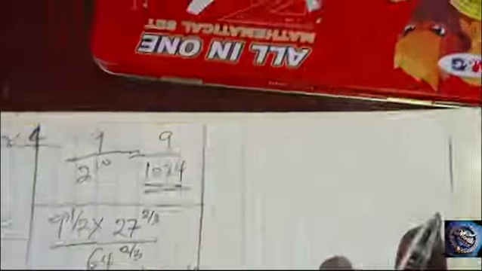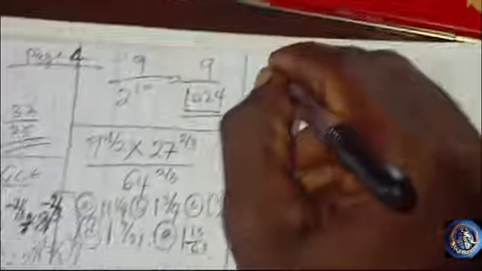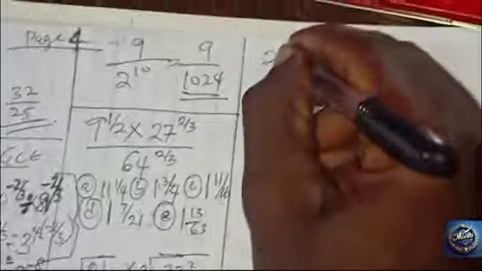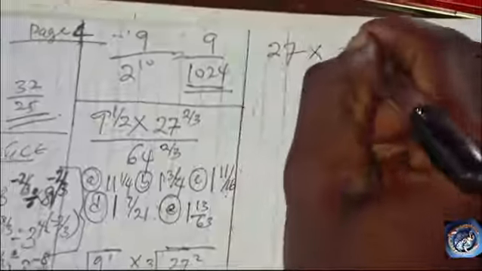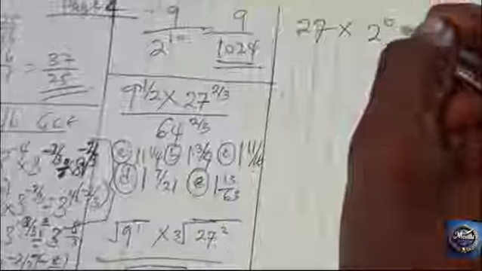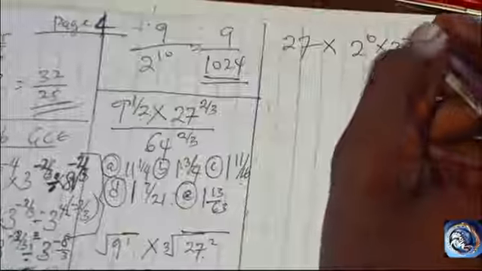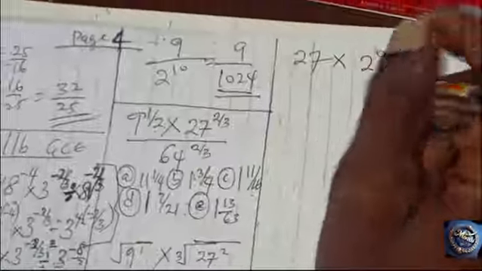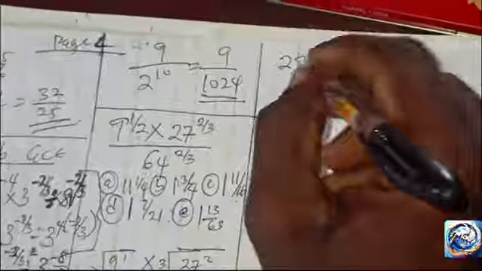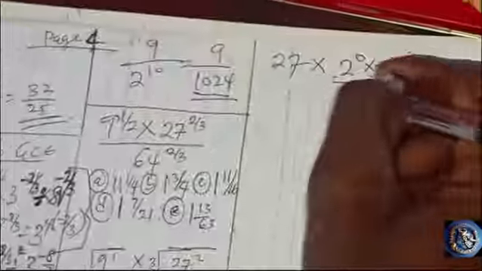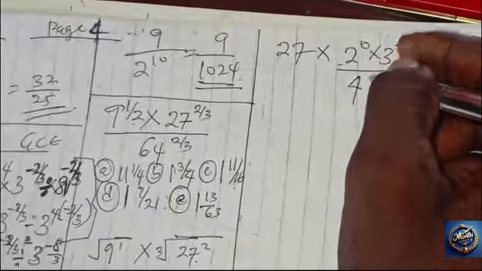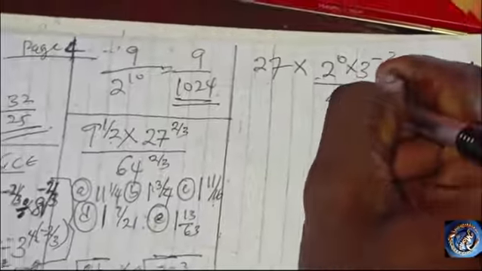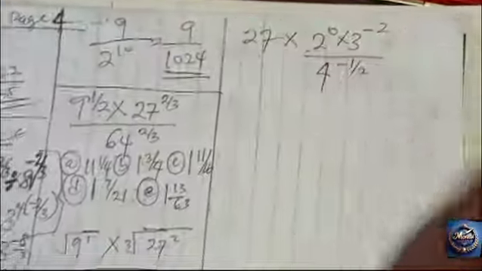So let's take another one. Evaluate 27 times 2 raised to power 0 times 3 raised to power minus 2, all over 4 raised to power minus 1 over 2.